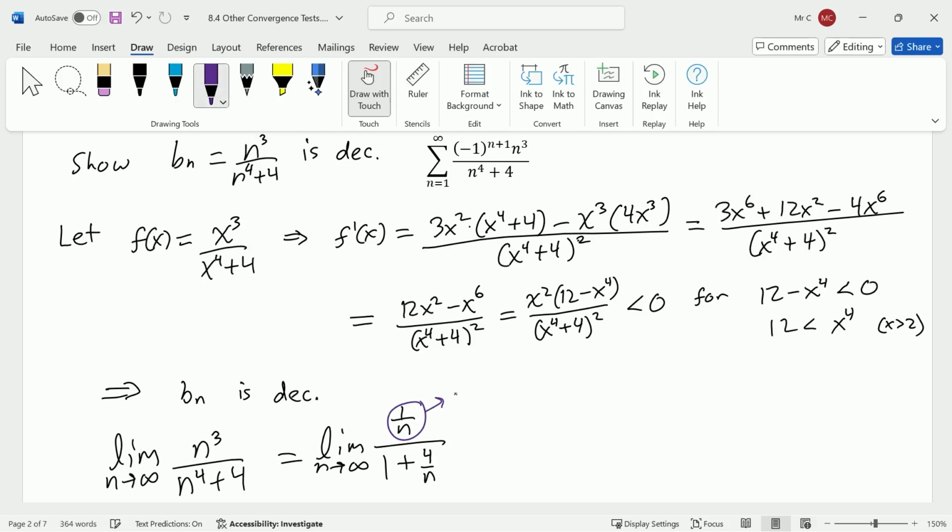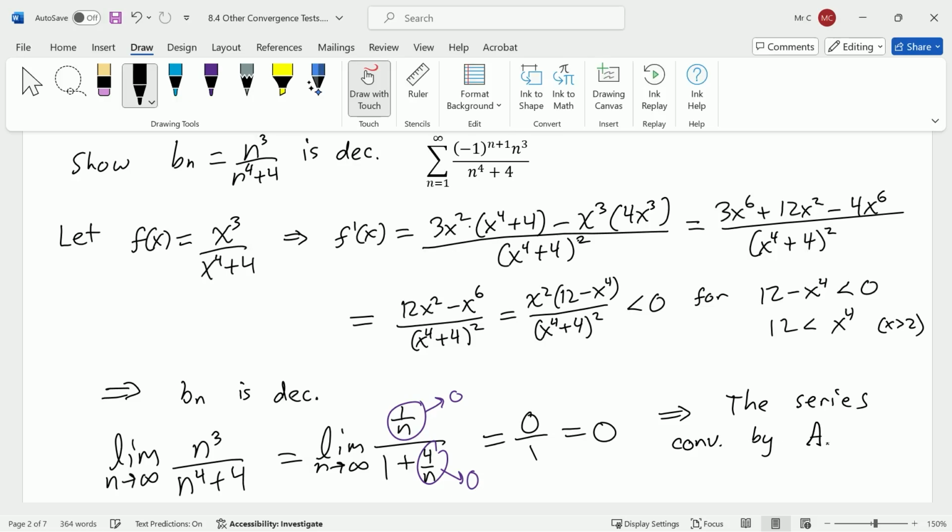And so these two terms both go to 0. And so my whole limit is 0 over 1, which is 0. So this implies the series converges by the alternating series theorem.